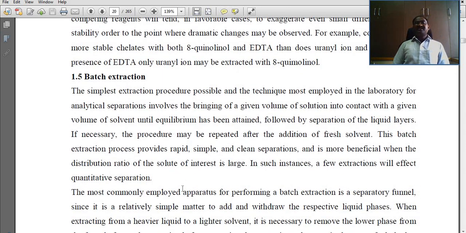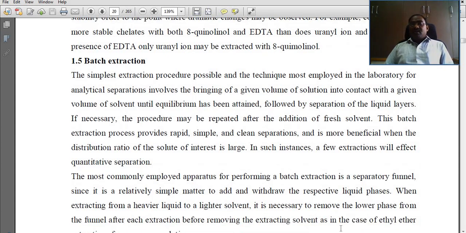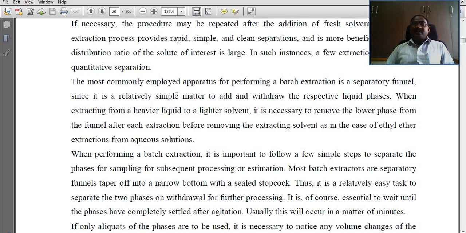In batch extraction, the simplest extraction procedure possible, and the technique most employed in the laboratory for analytical separations, involves bringing a given volume of solution into contact with a given volume of solvent. The most commonly employed apparatus for performing a batch extraction is a separatory funnel, since it is a relatively simple matter to add and withdraw the respective phases.